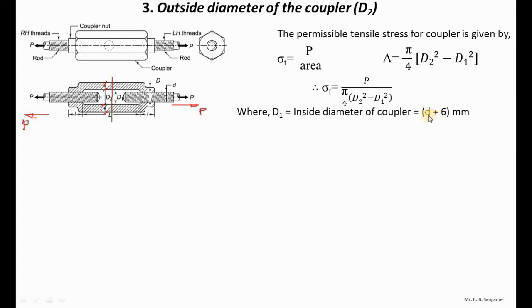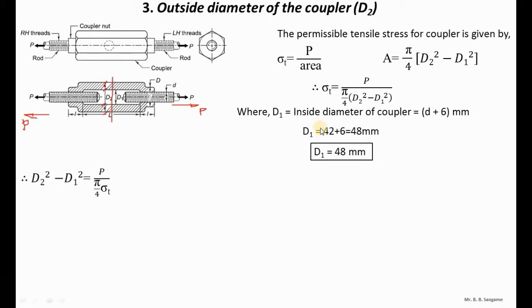D is the nominal diameter of the threaded rod that we have already selected from the table. It is 42, so d1 will be 48 mm. Once you calculate d1, it will be easy to calculate d2 because the remaining values are already given in the problem.